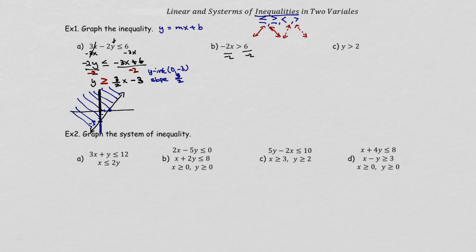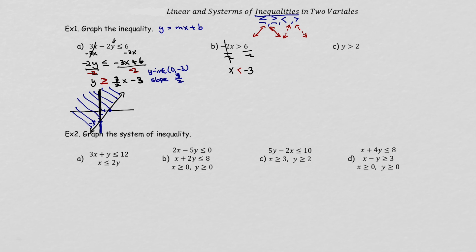Then you will get x is less than negative 3. Again, it becomes less than. You flip the inequality because you divide by a negative number. This inequality was greater. Now it becomes less because you divided by a negative number.